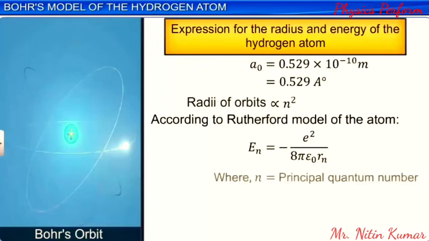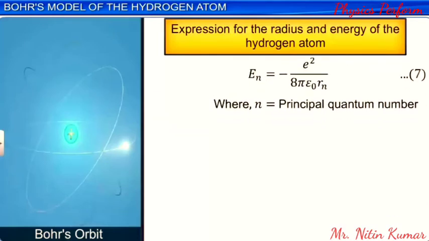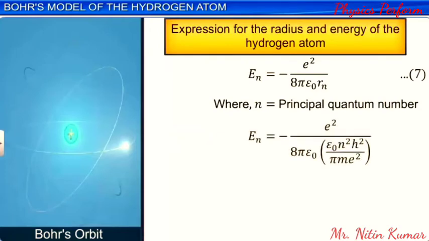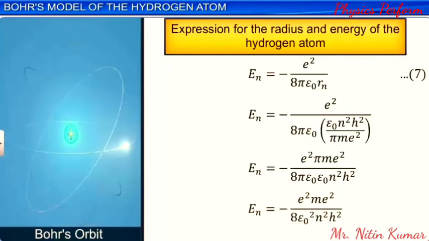Substituting the value of Rn and simplifying, we get En is equal to minus m e to the power 4 by 8 n square h square epsilon naught square.